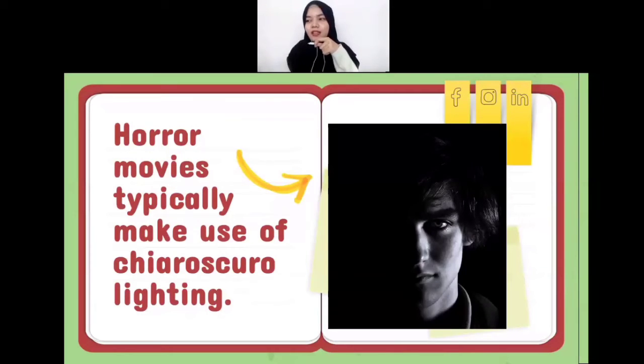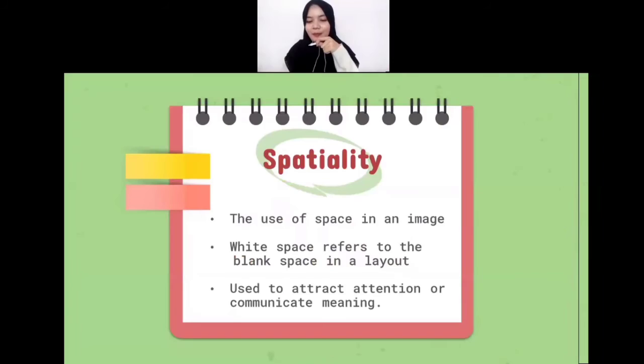Okay, horror movies usually make use of chiaroscuro lighting because they want to convey a message to the audience, whether they want to portray an emotion of suspense or maybe a curiosity to the audience. Next.